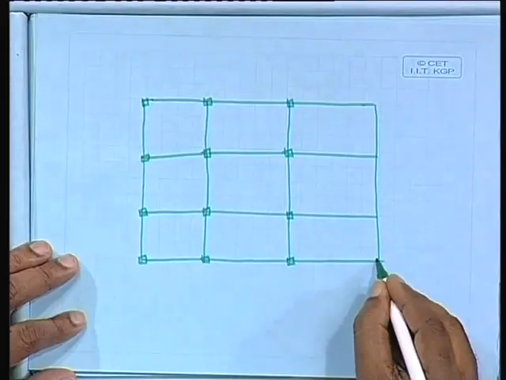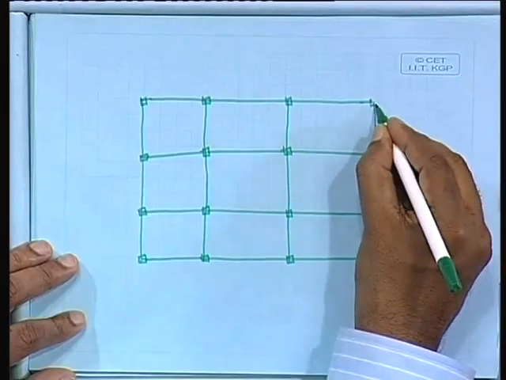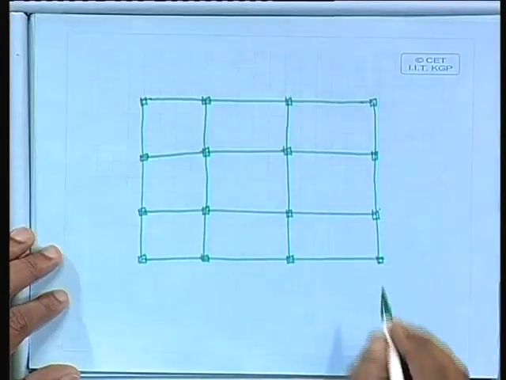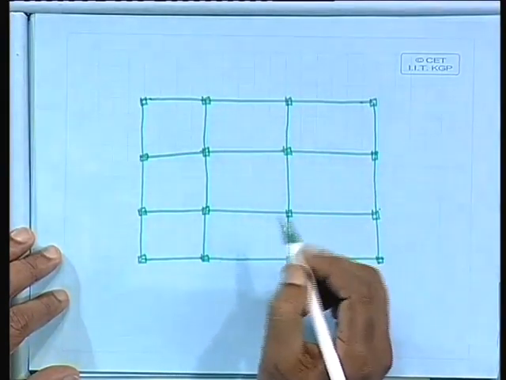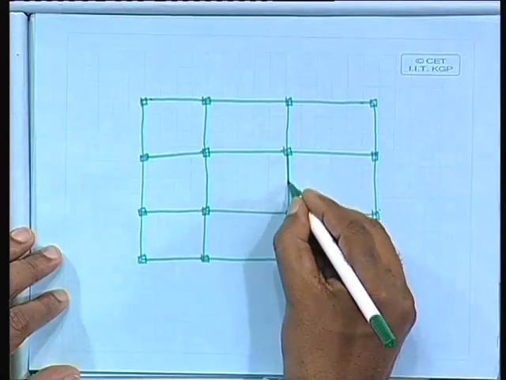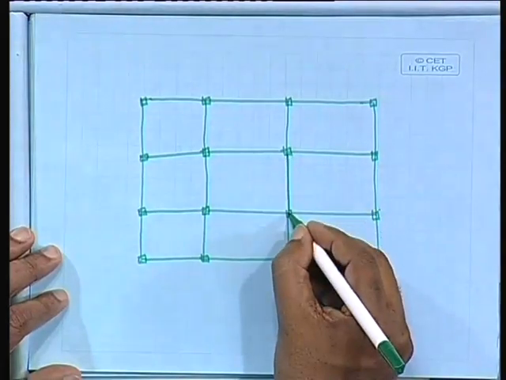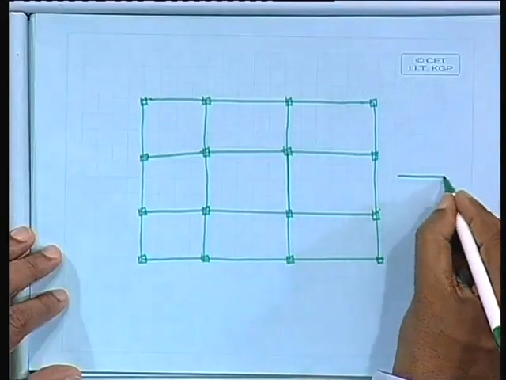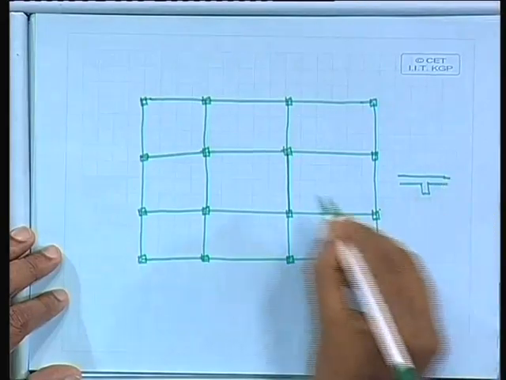We do not need the columns, just to complete this figure, let us say these are the different columns, and these are the slabs. When we are talking about this beam, we shall get the cross section in this way.